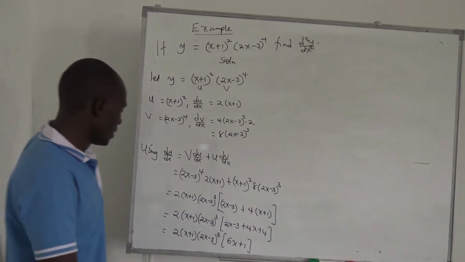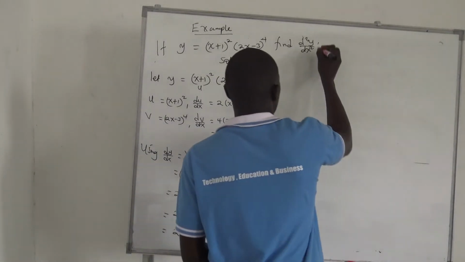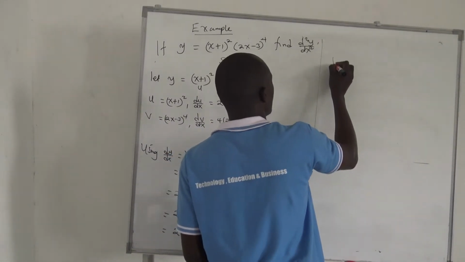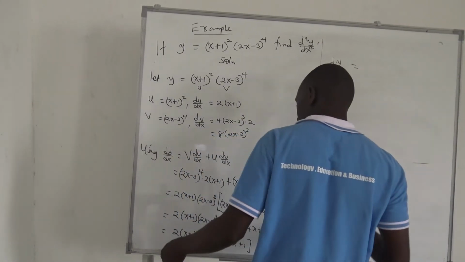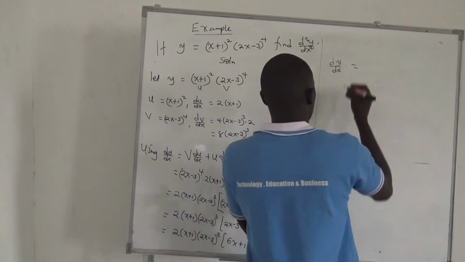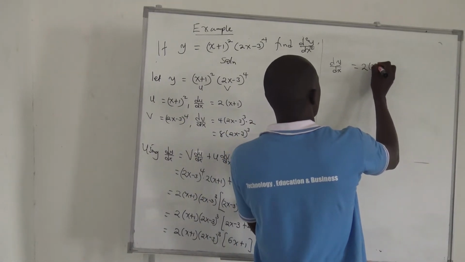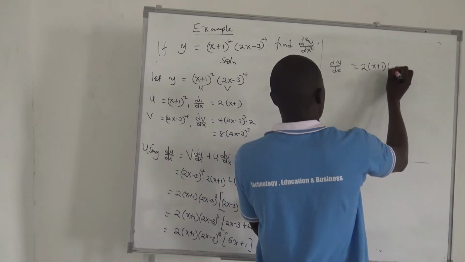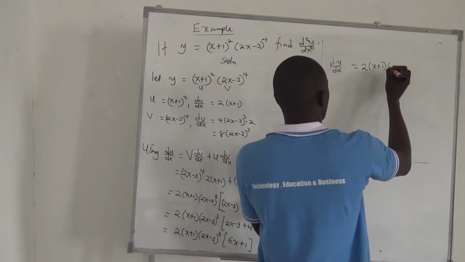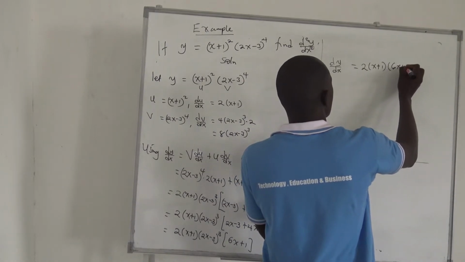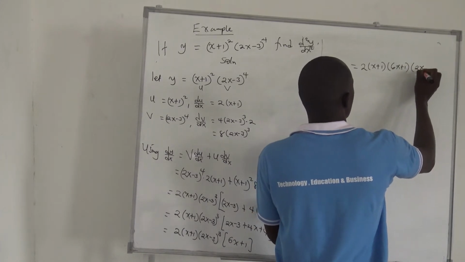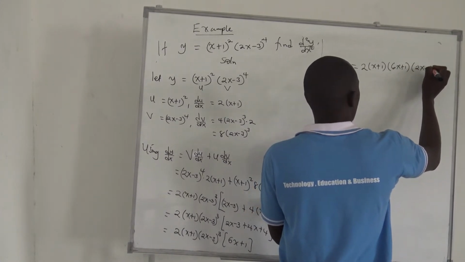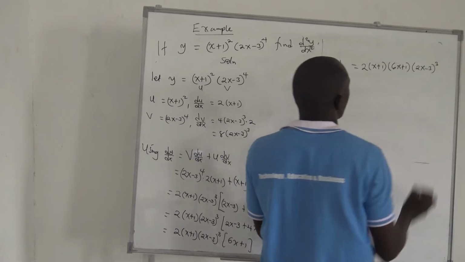So dy/dx equals 2 into (x plus 1), again into (6x plus 1), again into (2x minus 3) to the power 3.